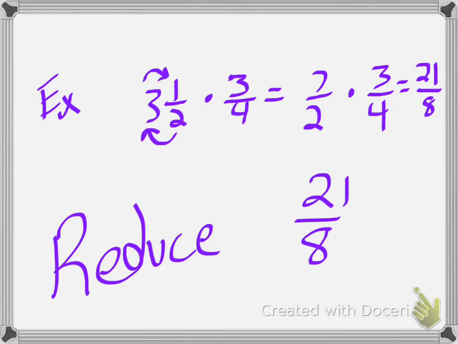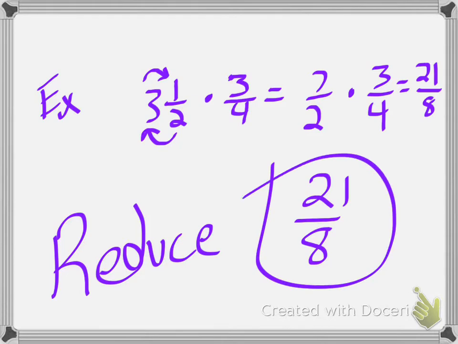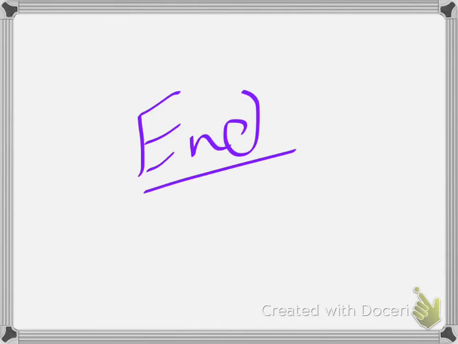Are there any multiples of 8 that will go into 21? Well, 2, 4, and 8. None of those will go into 21. So we're done. We've reduced it. Notice I didn't say change it back into a mixed number. No. In algebra, we leave it this way. That's it. See y'all tomorrow.